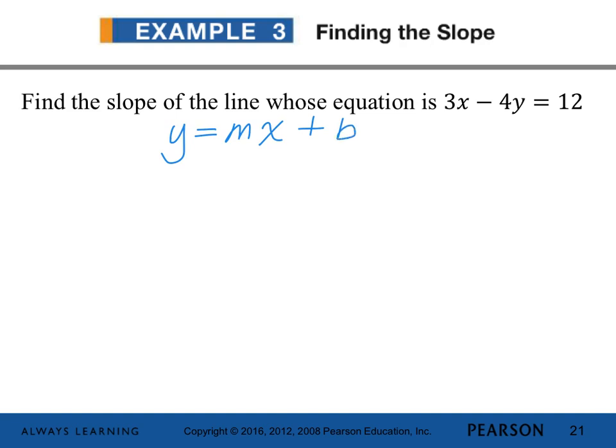So the easiest way to do this is to employ a little bit of algebra. Take what we're given, and since we want to isolate the y, what we need to do first is subtract 3x from both sides.